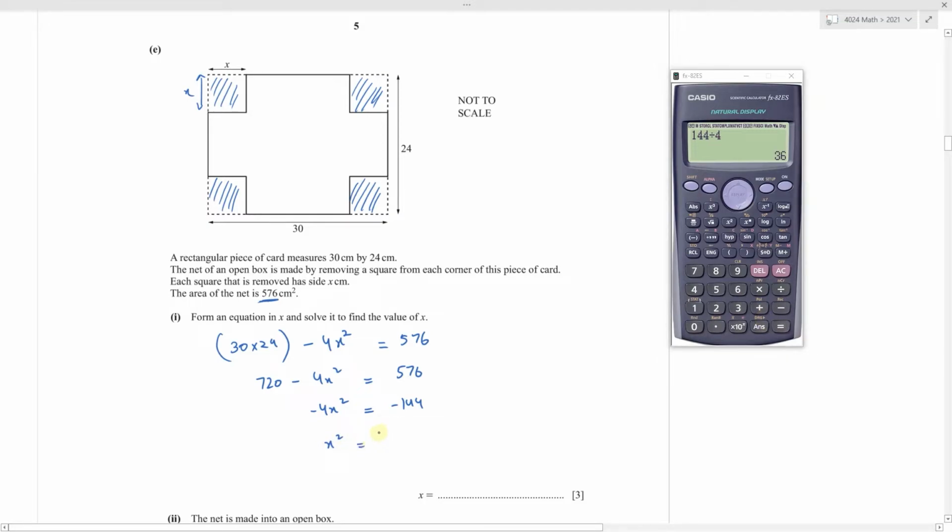So x square equals 36. X will be equal to the square root of 36, which is 6. You'll take the positive value since x is a length. Your value of length cannot be negative. So you'll take the positive square root of 36, which is 6. So your value of x is 6.